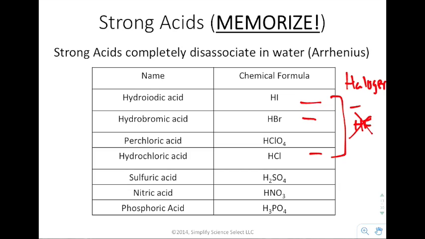Those are the ones that you're interested in. Then you have the ates: sulfate, nitrate, phosphate, and then perchlorate. Those are considered to be strong acids as well. So you have the 3 that are the halogens, and then you have the ates. If you can remember those, those are the 7 strong acids, and you do need to memorize those. Those will come up.